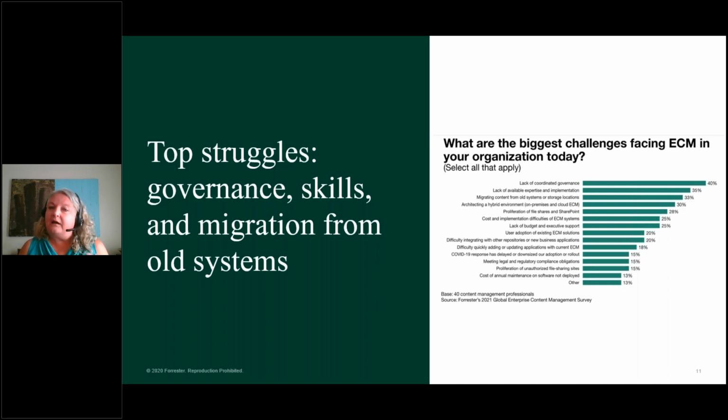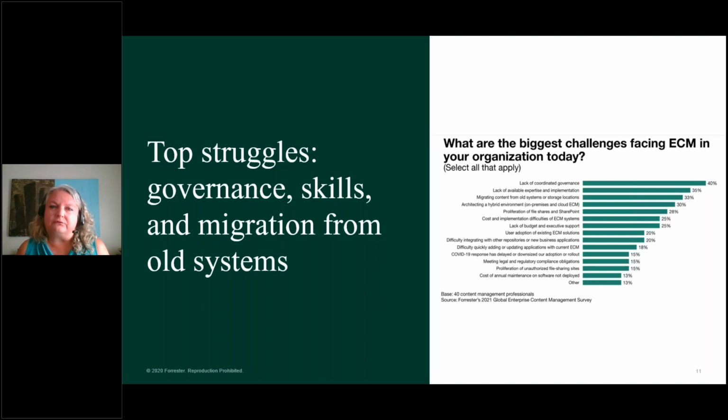leaders today? A new number 1 comes up in 2021, and that's a lack of coordinated governance. Meaning, how do we get our business leaders, our technical leaders, our compliance leaders on the same page in terms of prioritizing how we care for information, how we protect it, and how we ensure that we're meeting those legal and regulatory requirements?